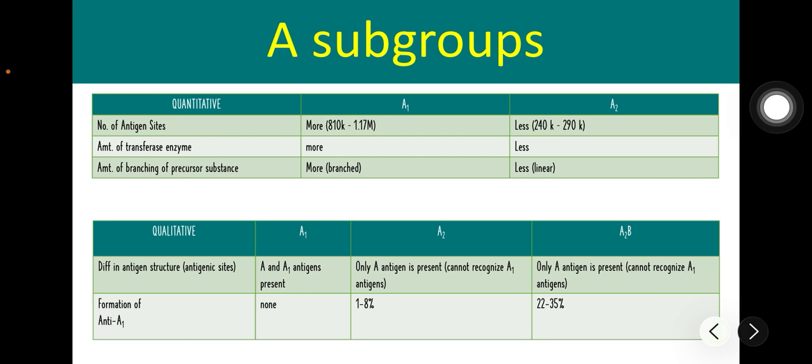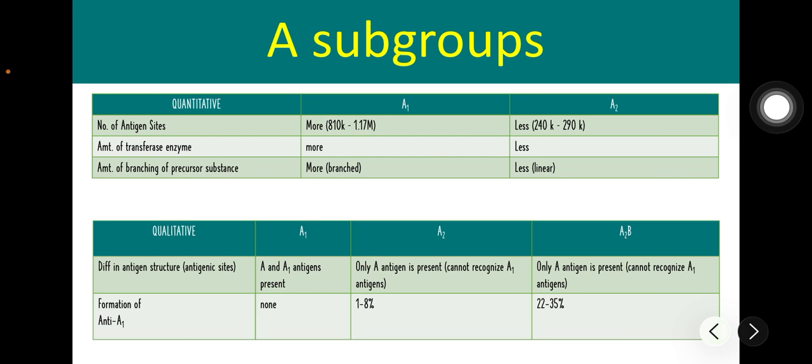Let's talk about the reaction of A1 and A2 cells. Let's say, for instance, you are going to use an anti-A reagent. Both A1 and A2 cells will react strongly, about 3+ to 4+ grading, with standard commercial anti-A sera.